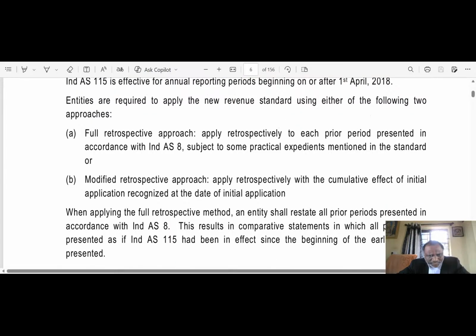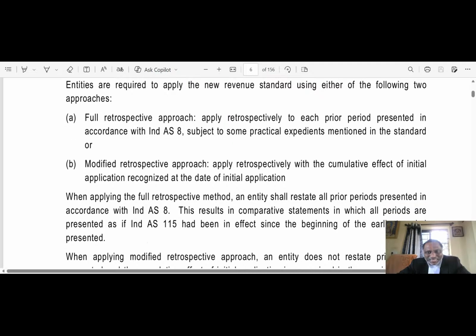the modified retrospective approach, applying retrospectively with the cumulative effect of initial application recognized at the date of initial application. When applying the full retrospective method, an entity shall restate all prior periods presented in accordance with IND AS 8.